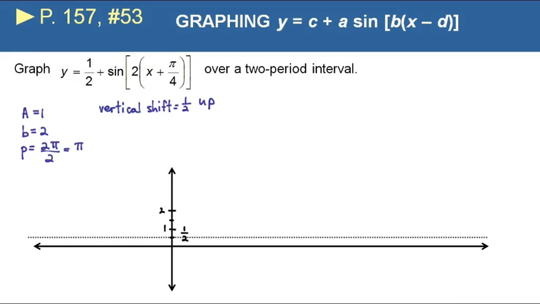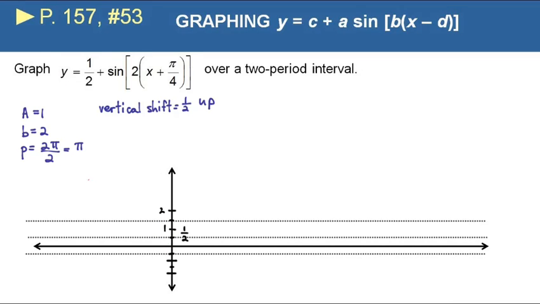Now I'm going to go ahead and draw guidelines for the top and bottom of our graph as well. If you take 1/2 and you add the amplitude to that, 1/2 plus 1 would be 1.5. And if you take the center of our graph and subtract the amplitude, 1/2 minus 1 would be negative 1/2. So that's going to be the low point.